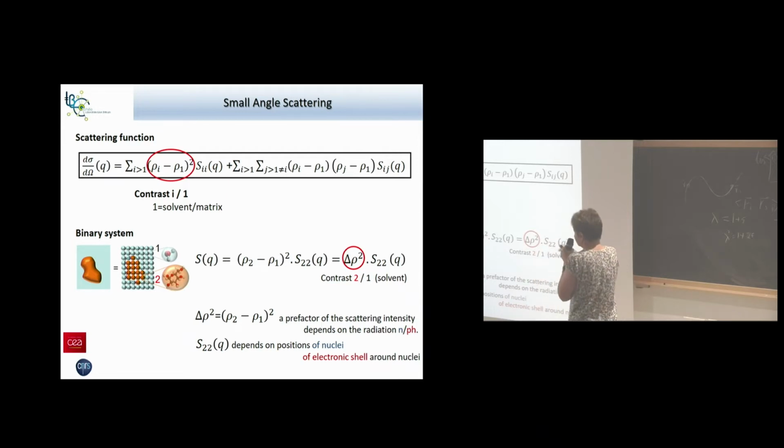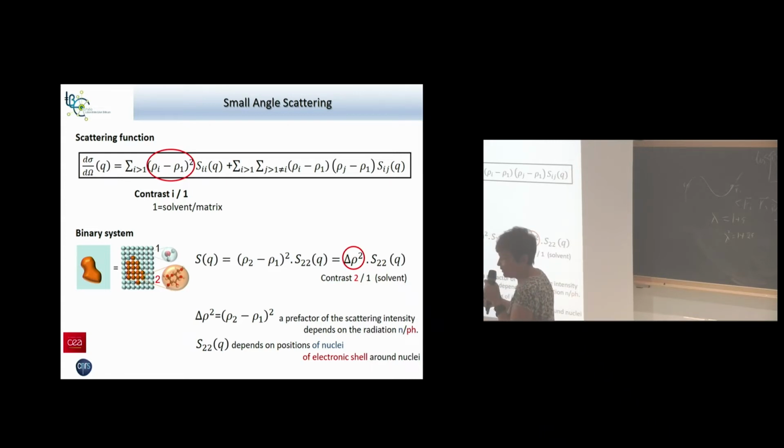So the scattering function is a sum of several partial structure factors, and the contrast is the square of the difference of the scattering length density of component i minus component 1, which is generally the solvent or the matrix.